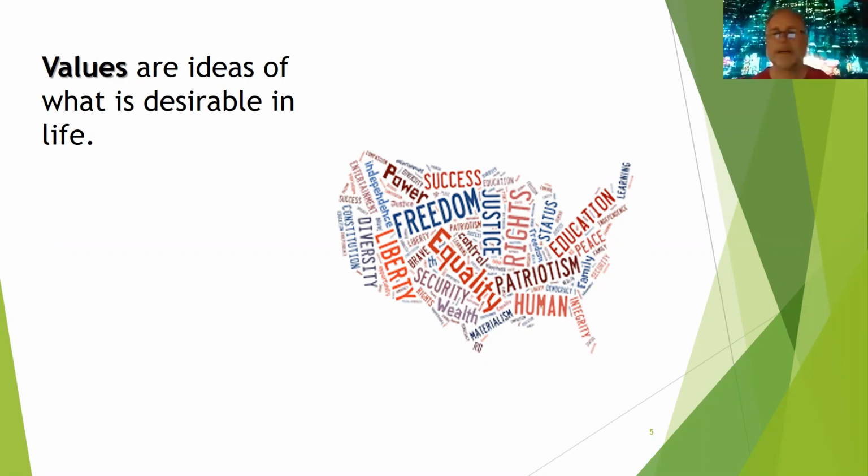Now, do keep in mind that we are a multicultural society. There is a lot of diversity within our country. So all people within our culture may not have the same values as everyone else, but generally, here is a short list of some of the common values that we all share as Americans.